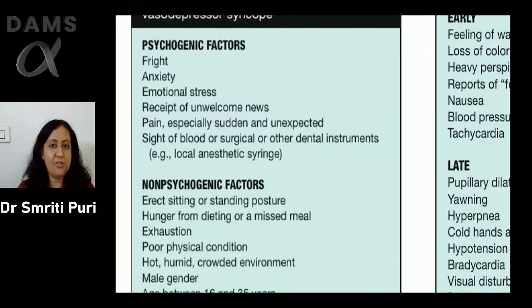These are the psychogenic factors, which come into play due to the psychological status of the patient. So it can be fright, anxiety, emotional stress, receipt of unwelcome news, pain, especially sudden and unexpected, which happens in a dental office.